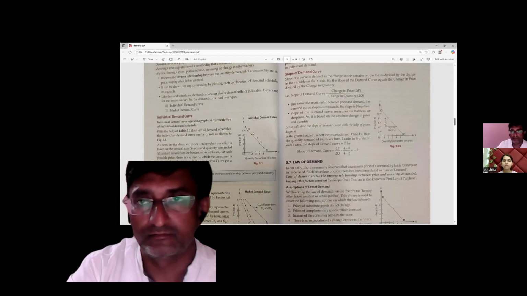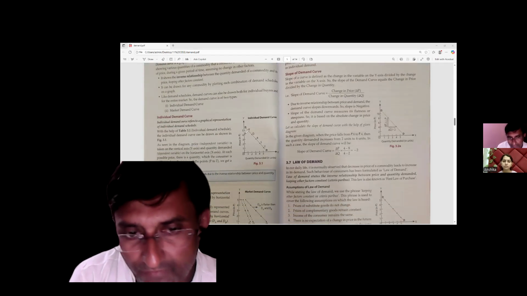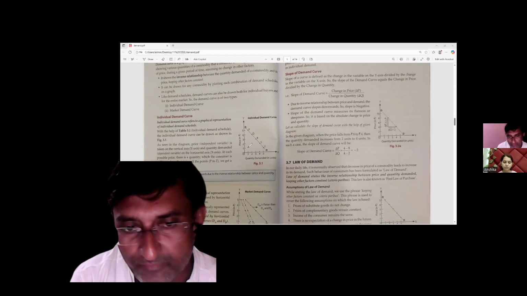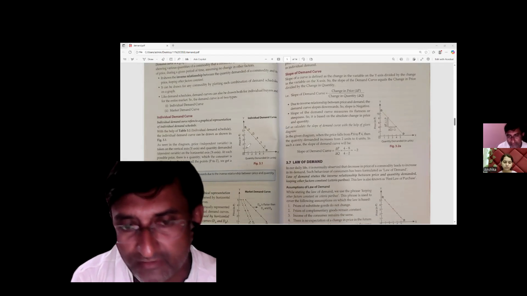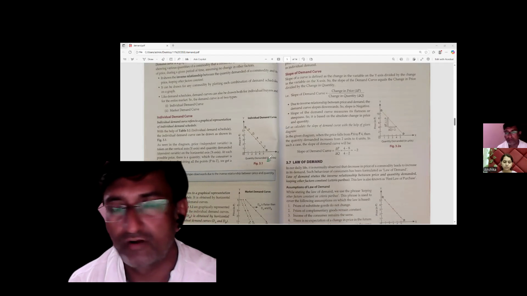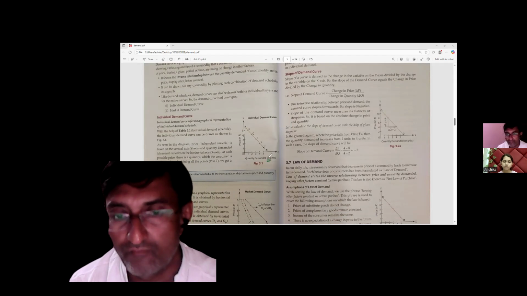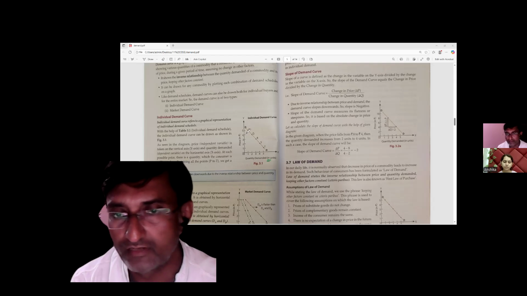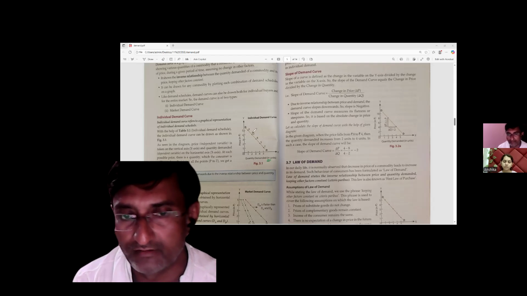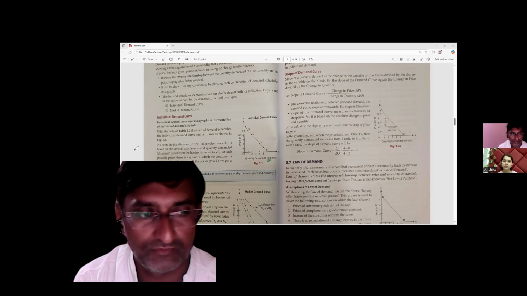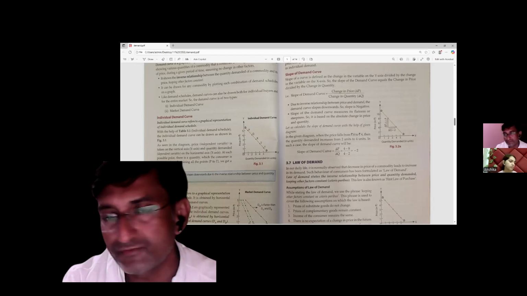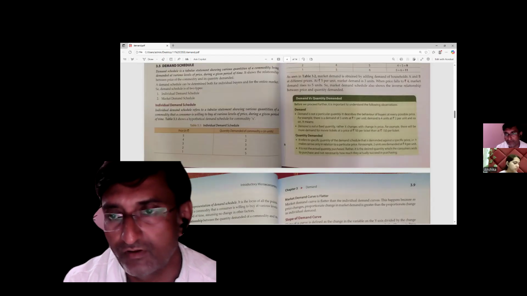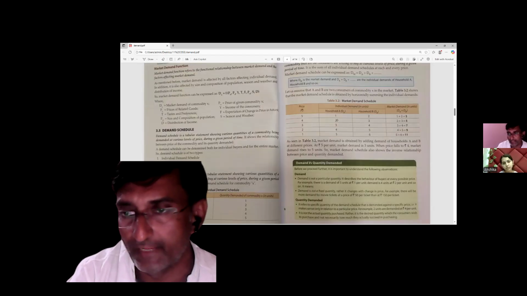Here is price 5, here is 4, 3, 2, and 1, with quantity demanded in units. When the price was 5 rupees, the individual demand was 1 unit. How does it come to 1? You can take a simple example of Household A.